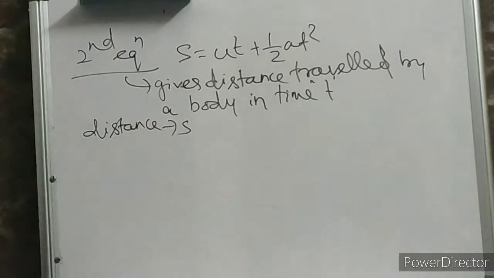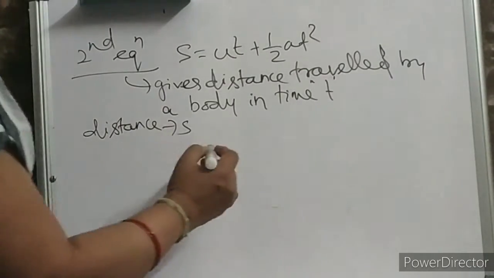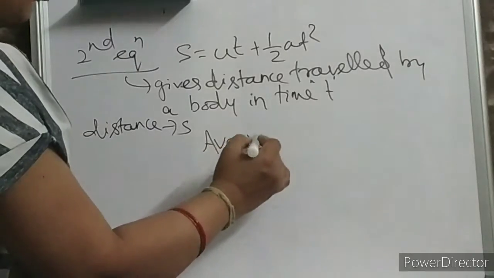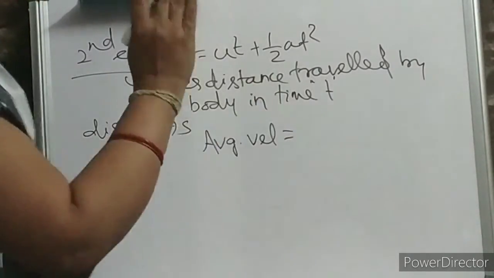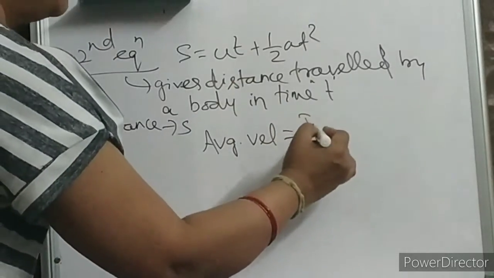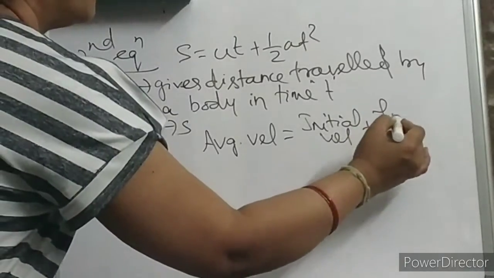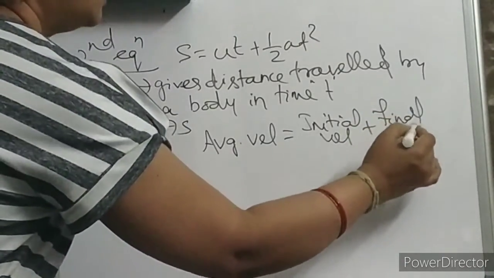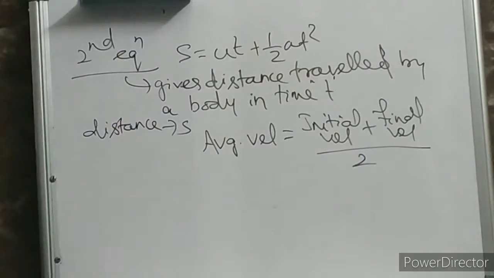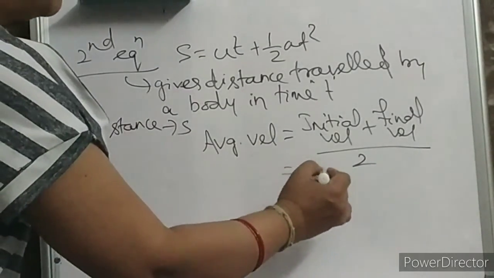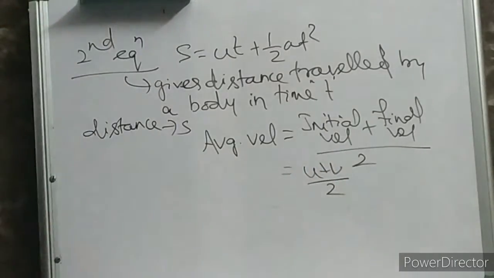Average velocity is initial velocity plus final velocity divided by 2. So average velocity = (u + v)/2. Clear?